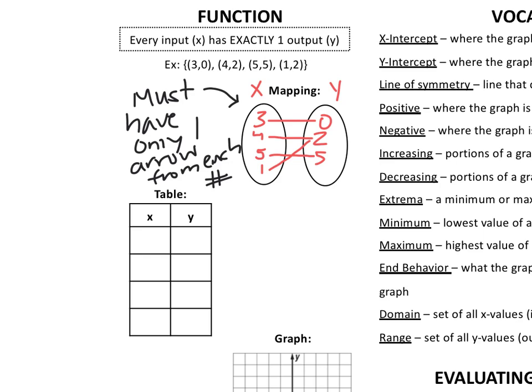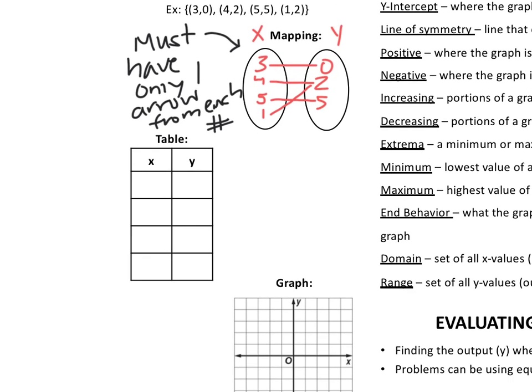When you're looking at a table, you would fill in all of your points. So we have the points (3, 0), (4, 2), (5, 5), and (1, 2). These are all coordinates. We know how to graph from there. In a table, you just want to make sure that you have no x values repeating.